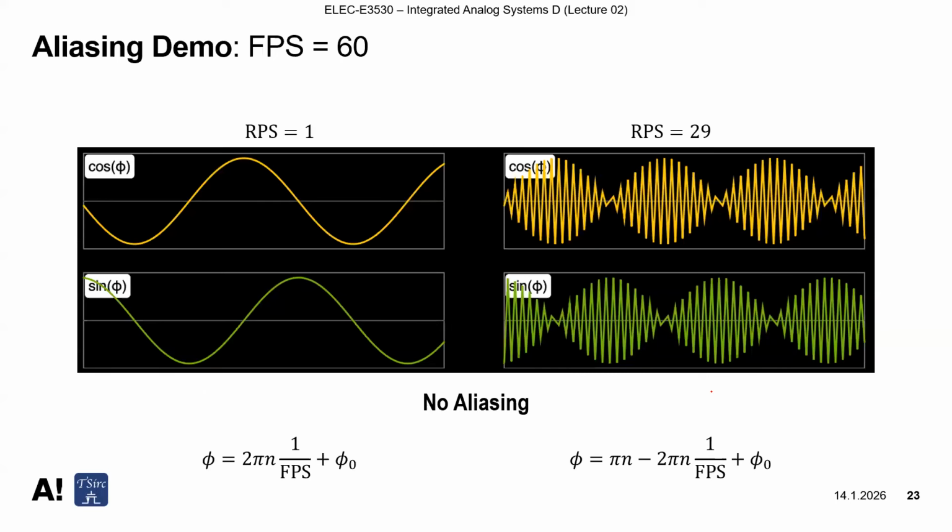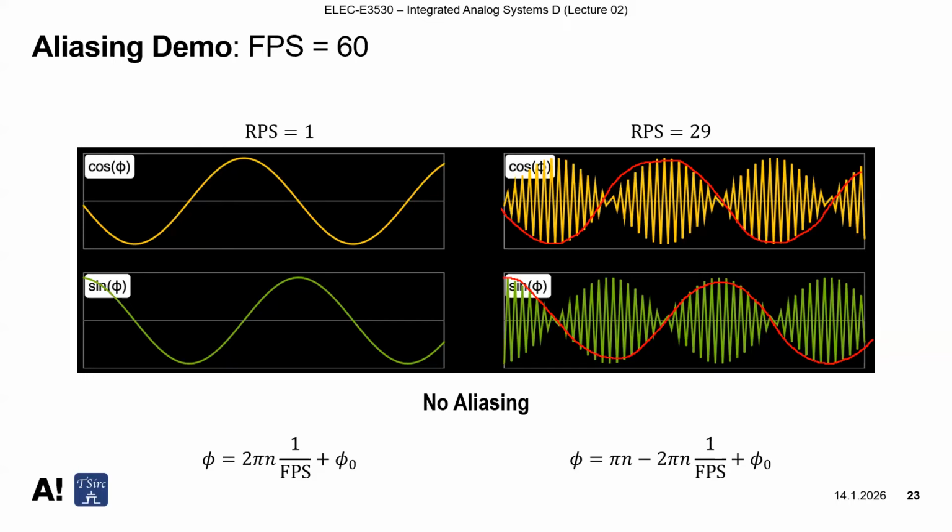So this is the situation that we just looked at. For the cosine phi, it still has an envelope right here. So this part becomes the envelope. This part, right?